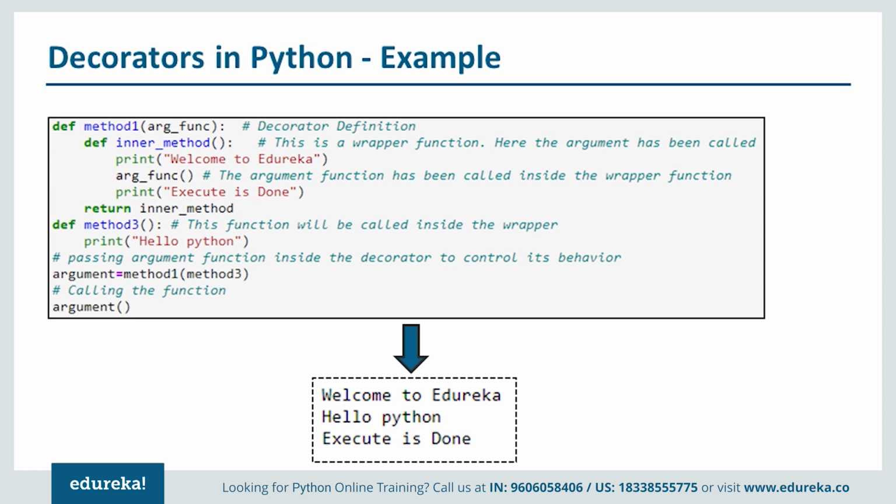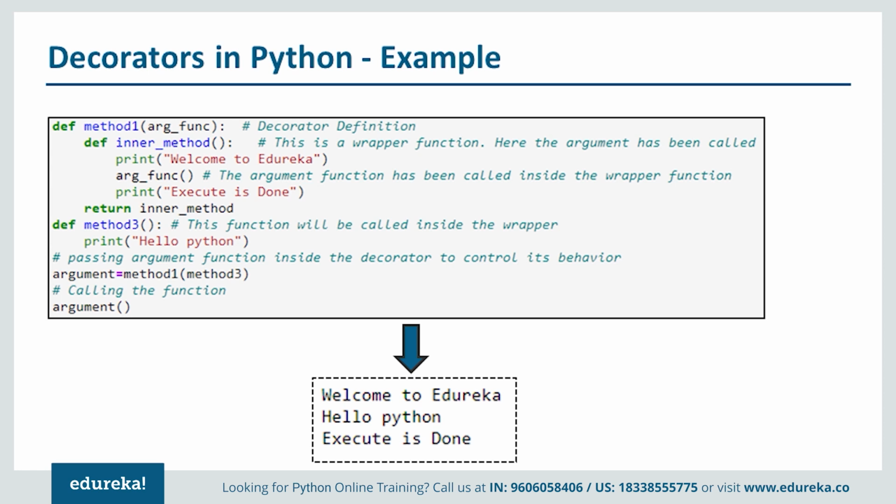In this case, we have a method called method1, in which we give a particular argument as a function. We have an inner method here which prints welcome to Edureka, then we call the function called arg_func, and then we print execute is done.